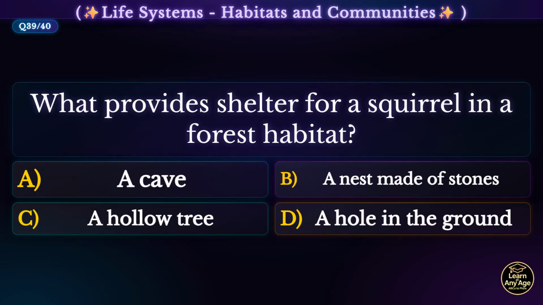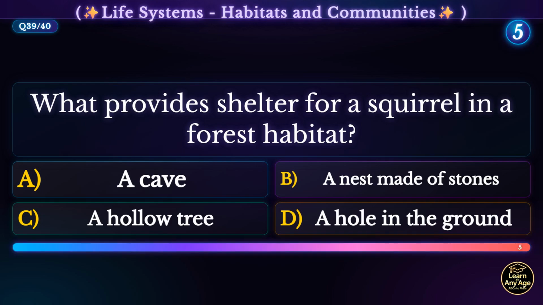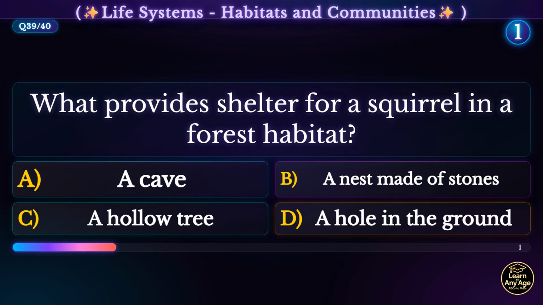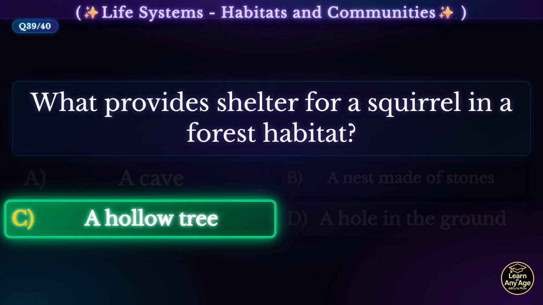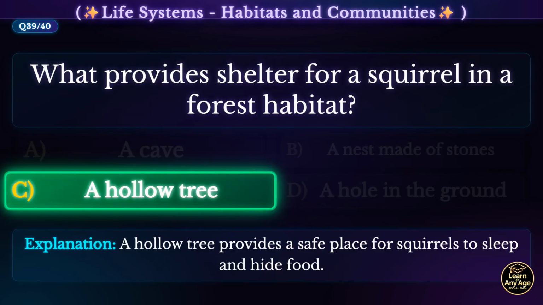What provides shelter for a squirrel in a forest habitat? A cave. A nest made of stones. A hollow tree. A hole in the ground. A hollow tree. A hollow tree provides a safe place for squirrels to sleep and hide food.